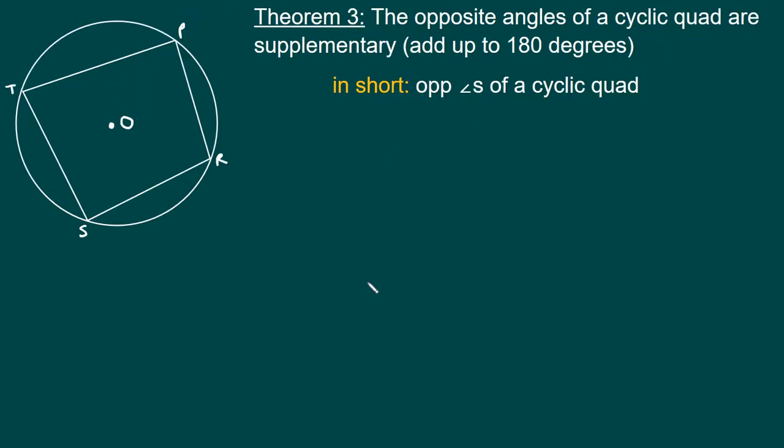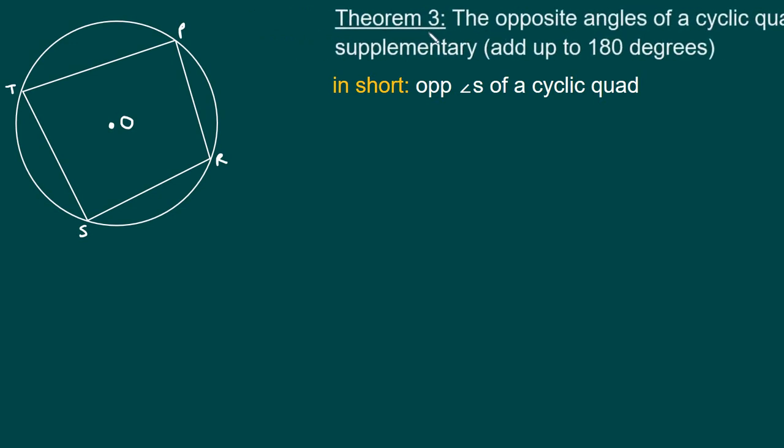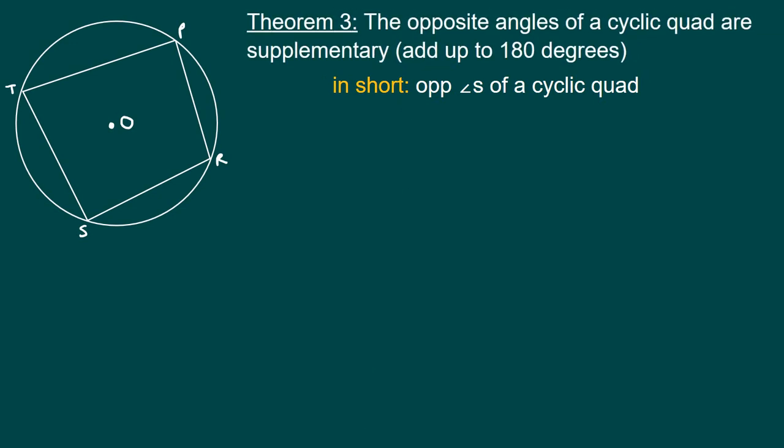Let's move on to the next one, which is theorem 3, right? Now this one is talking about a cyclic quad. Now the theorem says that the opposite angles of a cyclic quad are supplementary, which means they add up to 180 degrees.